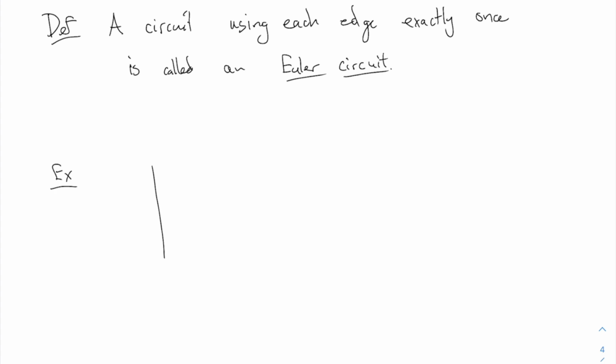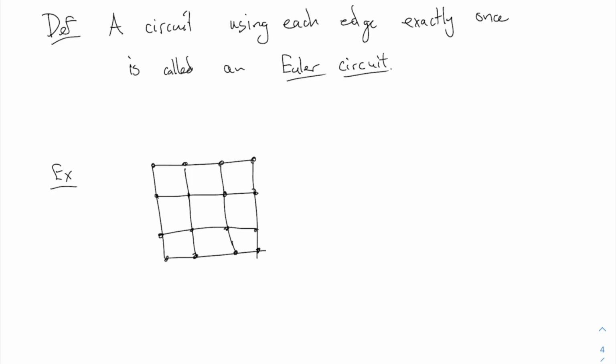How about I'm imagining a grid of streets like this, maybe? So thinking of this as a graph with vertices at each little intersection like that. And let's say you got the snowplow guy. Let's say Mr. Plow lives there. This is a Simpsons reference.